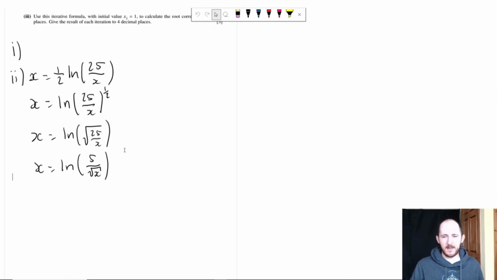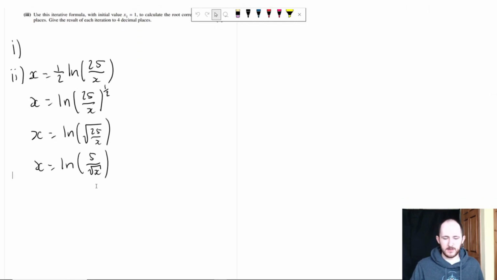For the next step, we're going to exponentiate both sides. Actually, before that, we'll bring the power up. We can make this 5 square root x to the minus 1. So actually, this 5 would be on the bottom as well.